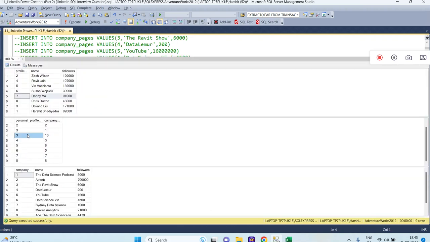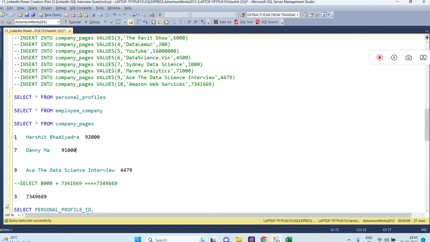Now we need to go to the middle table, where 7 is coming as a personal profile ID only one time, right? So we need to pick the company ID of that 7, and it has only 1,000 followers. So definitely this individual's follower count is greater than the followers of the company they work for, right? So this will be our solution.